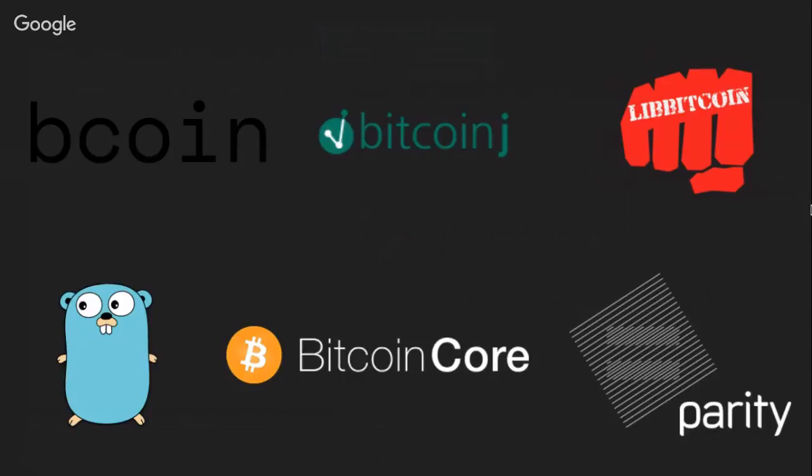I don't think that's actually their logo. That's just the Gopher. And Bitcoin Core, of course, which is the most popular implementation of the Bitcoin protocol. And Parity also has a Bitcoin implementation in Rust. And there are several other full node clients that you can download. These are just, I think, the most popular ones by language.